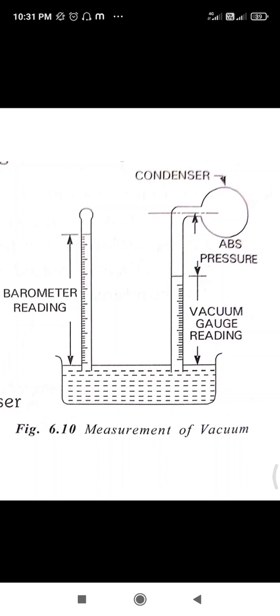Moreover, the essay questions will be: explain the reason for using condenser in thermal power plants, describe the classification of steam condensers, explain the difference between surface condenser and jet condenser, describe the working principle of Edwards air pump, explain the working principle of evaporative surface condenser with neat sketch, write detailed classification of steam condensers, explain shell and tube surface condenser with a neat sketch, and explain the working of high level jet condenser with the help of a neat sketch.